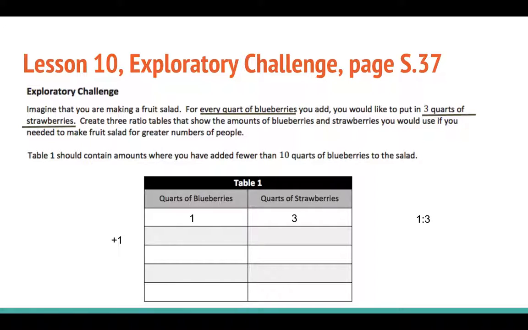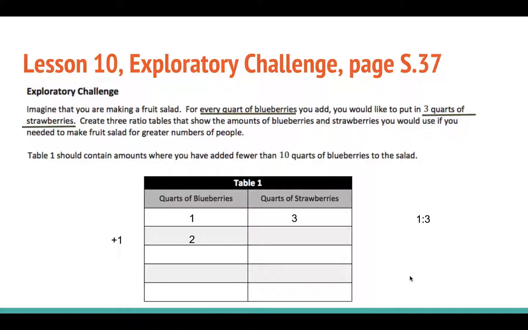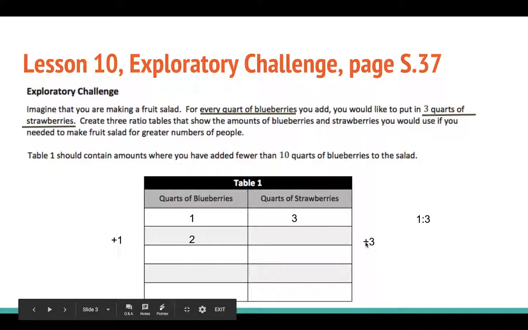Now, I can add plus 1 here because I'm doing this basically by ones. And that's 1 plus 1 equals 2. Since my ratio here is 3, to represent the 3 quarts of strawberries, I'm going to add 3 on this side.